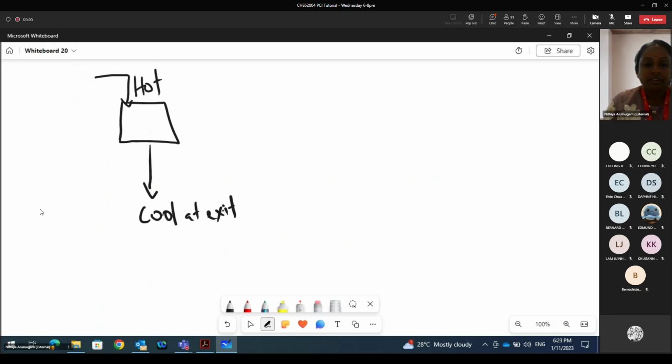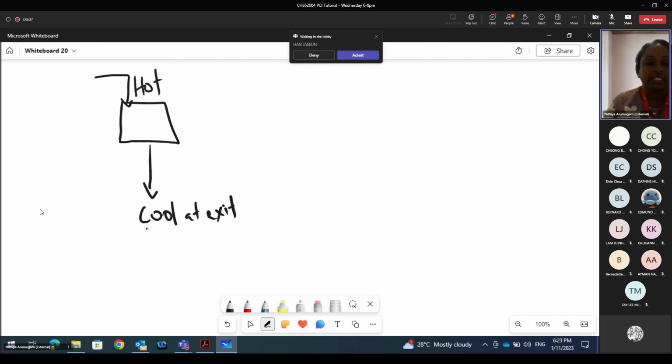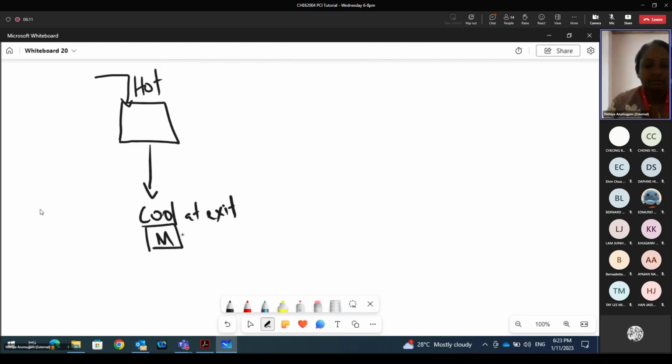Now, in this case, we can also summarize that the exit coming out from the exchanger is passing through a sensor, or we call that a transmitter. So here, when it comes to the transmitter, we will have a transmitter temperature and the temperature of the inlet.